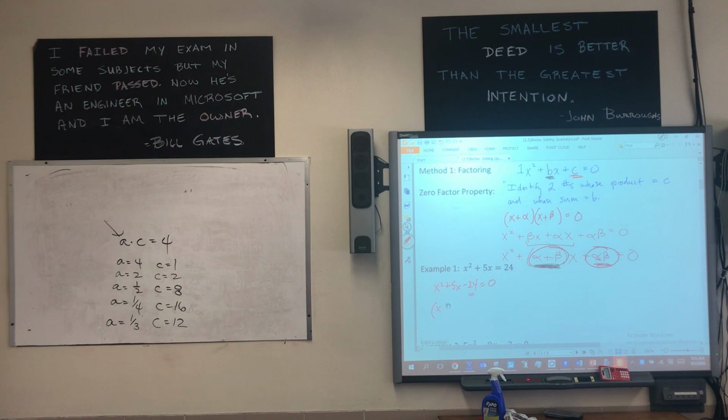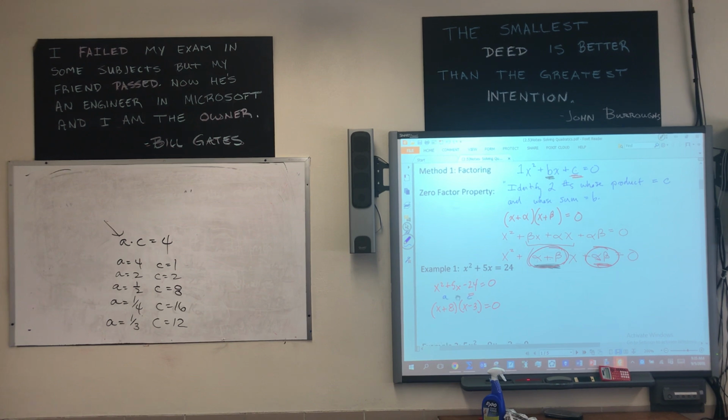Yeah, 3 and 8, right? Which one's got to be positive? The 8's got to be positive, right? x plus 8, x minus 3 equals 0. Now at this stage, if we go back up to the zero factor property that we had written out earlier, this is kind of your A term, and this is your C term.